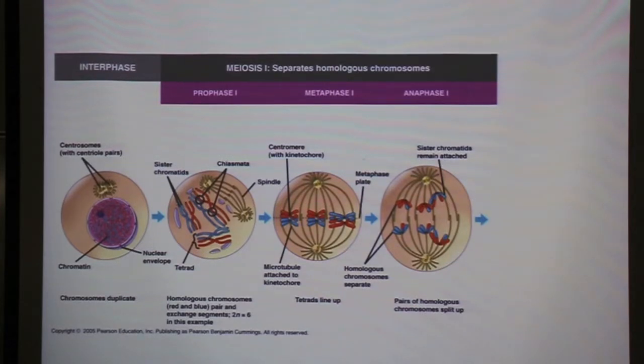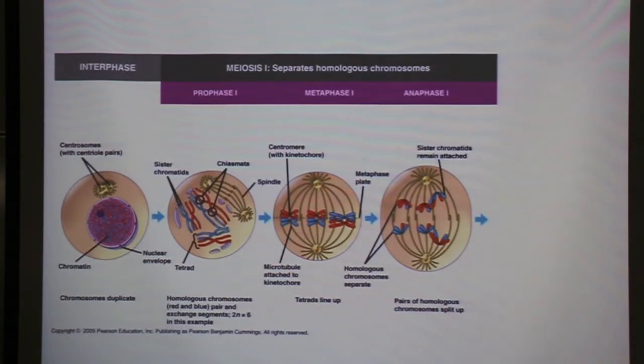The cell goes through interphase in a similar way to mitosis. You go through G1 phase, S phase, G2, and you copy the stuff, and you have 2 sets of chromosomes and so forth, and there's your chromatin. So interphase looks the same for the most part for our purposes.